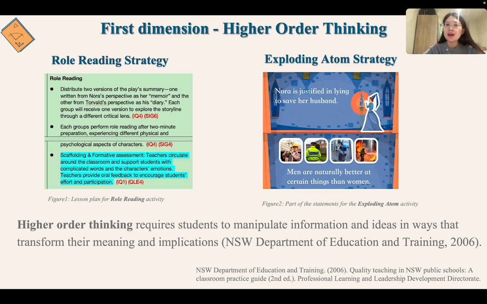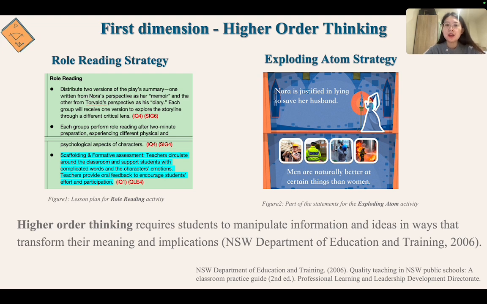After understanding the storyline, students are presented with several challenging statements that encourage them to think critically and express their opinions. It begins with a statement placed at the center of the room, and students position themselves according to how strongly they agree or disagree.